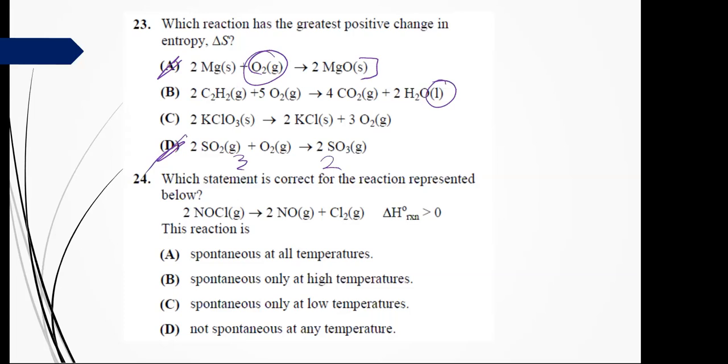But if we look at C, we're increasing our moles of gas, plus we're going from a solid to a gas. And so that's going to give us our best positive change. Right? So you really want to be comparing moles of gas as well as your state changes when we're looking for entropy change.